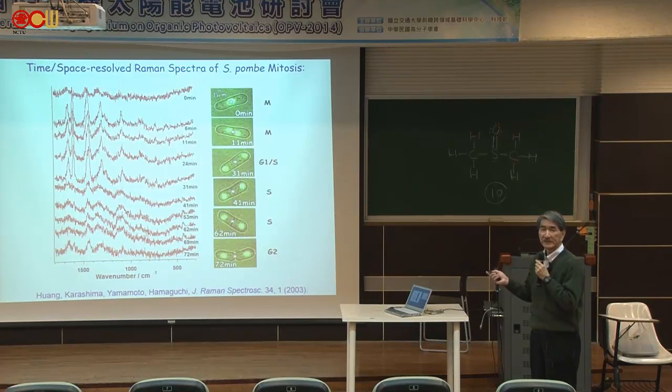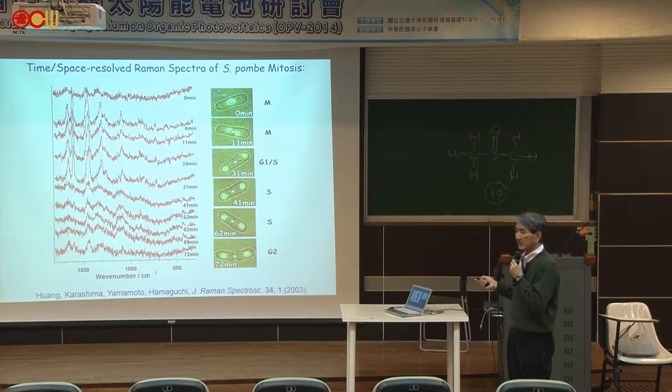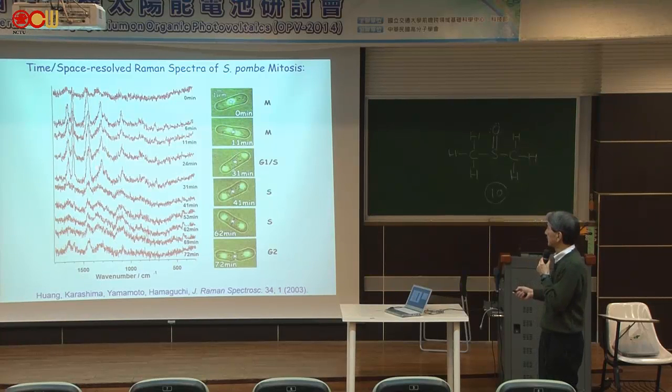The spectrum changes drastically because the molecules existing here are different from 0 minutes and 11 minutes. And if you go to 31 minutes here, you also have very strong Raman bands. And after 45 minutes, you barely see a septum formed here.